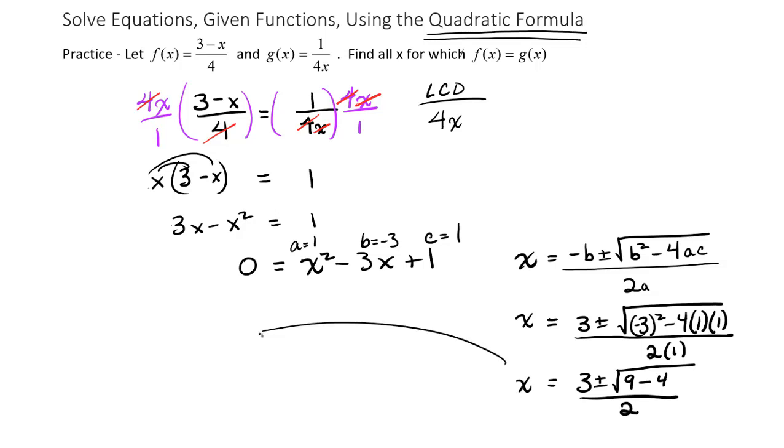And I'm just going to rewrite this over here. Simplifying, we have x is equal to 3 plus or minus the square root of 9 minus 4, which is 5, and 5 is prime, all over 2. Notice that I cannot reduce anything.